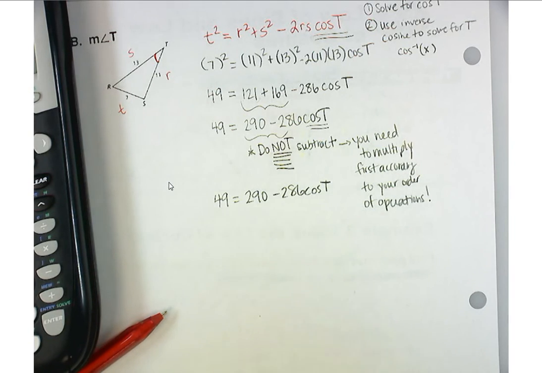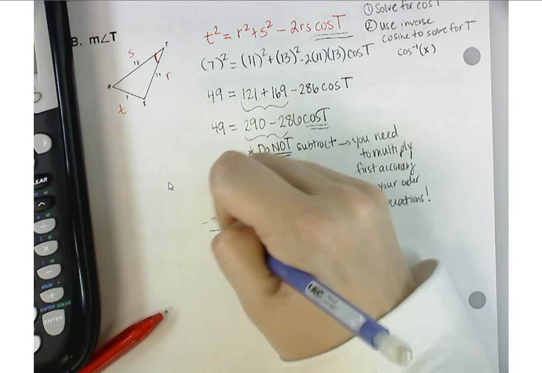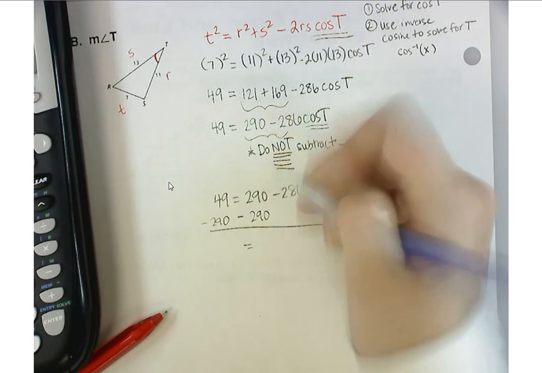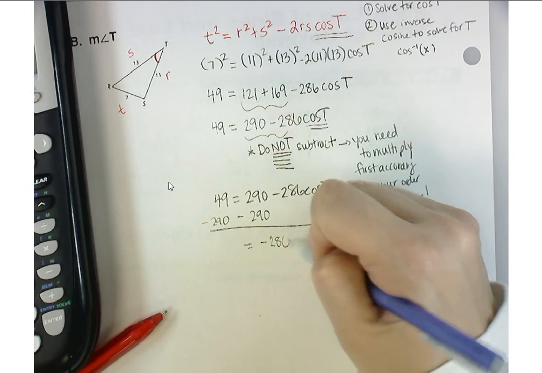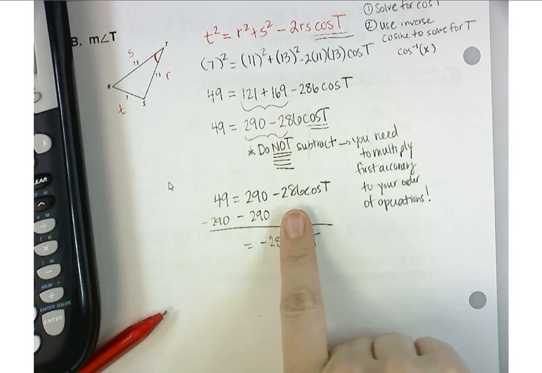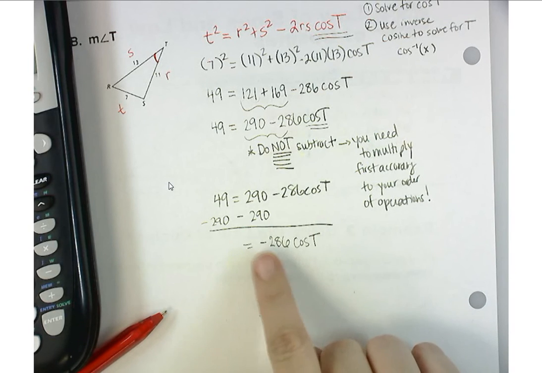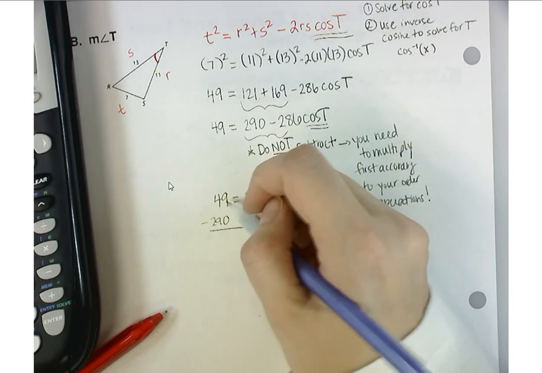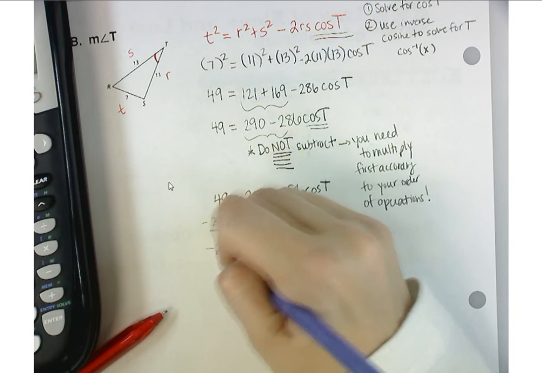We're going to subtract 290 from each side. Now don't forget this negative. That's always going to be negative because you won't have a negative side length. So 49 minus 290 is going to be negative 241.